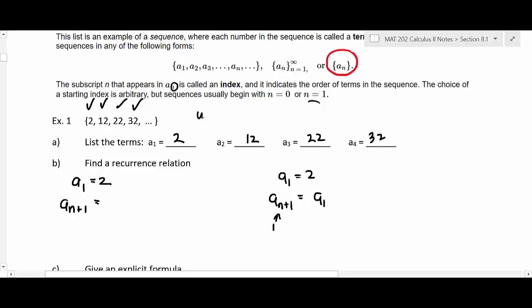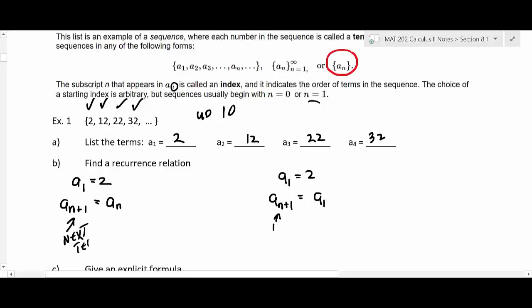The pattern on this is it's going up by 10. So when you're doing a recurrence relation, you always use the previous term, and then you do something to get the next term. So you have a sub n plus 1, then a sub n. That's the next term in the sequence.